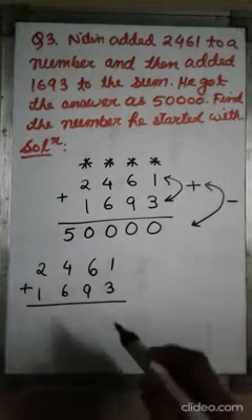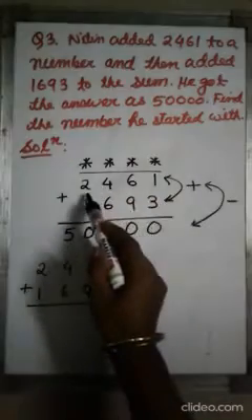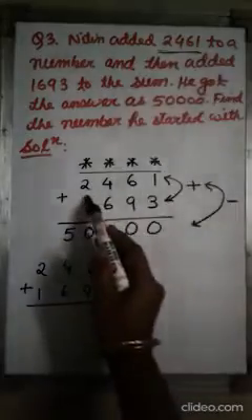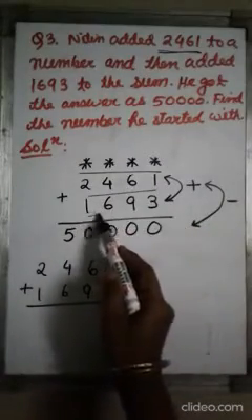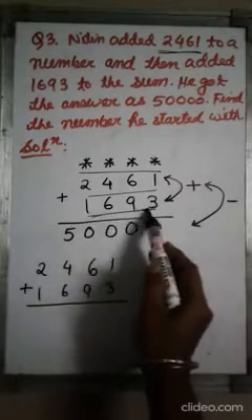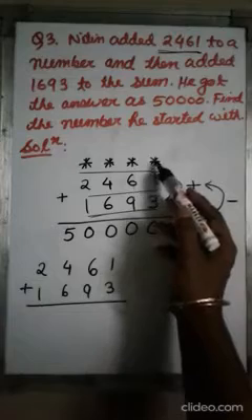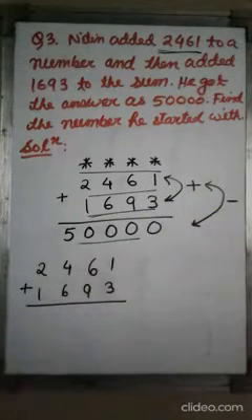Nitin got a number. He added 2,461 and then he added to it 1,693. So the sum is 50,000.